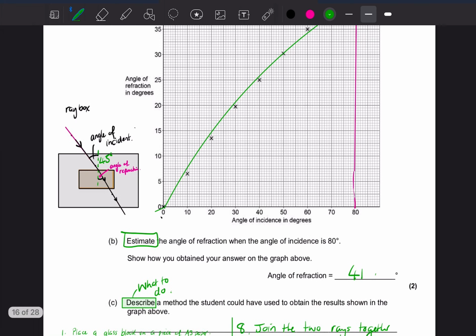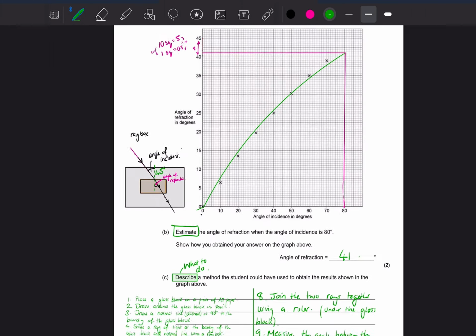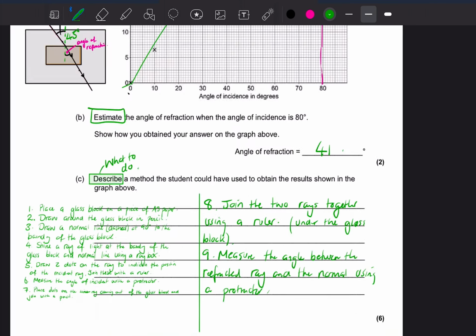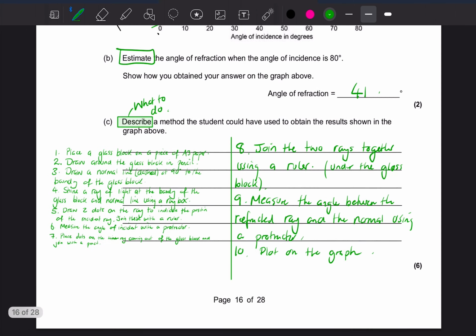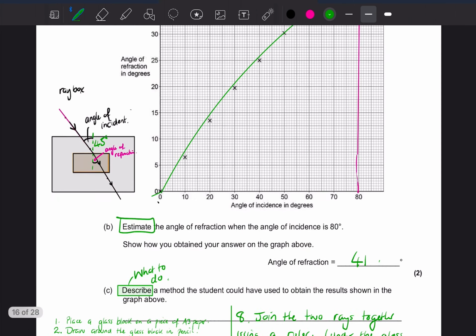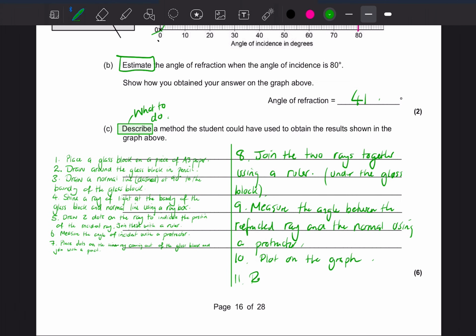And that will give you the angle of refraction. And then you plot that point on the graph. So 10, plot on the graph. And 11, the last step, the student hasn't just got one result on the graph, they've got multiple. So you just repeat.